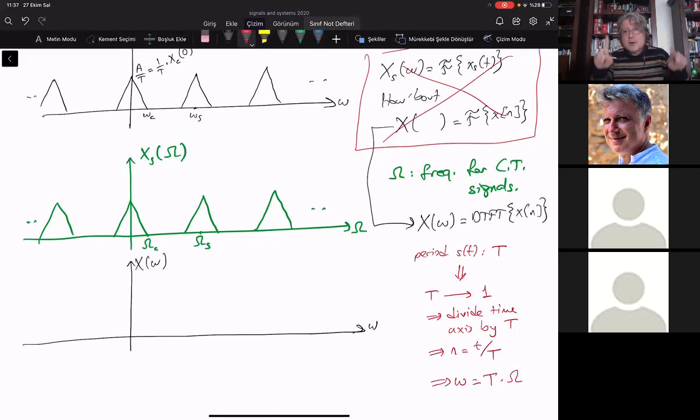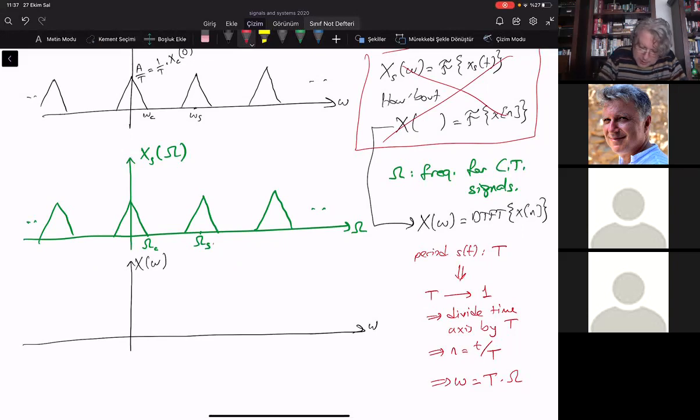They are inversely related. If you multiply by something in time, then you have to divide in the frequency domain. So this gives me an impression that I have to have the omega corresponding to capital T times omega. Is it correct? Now let's check it.